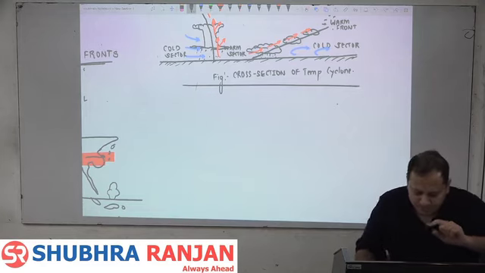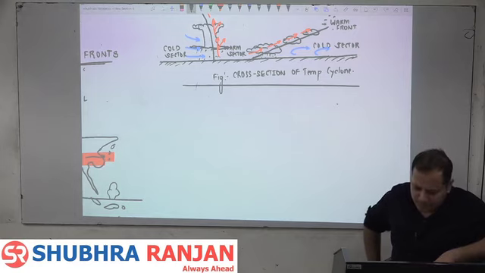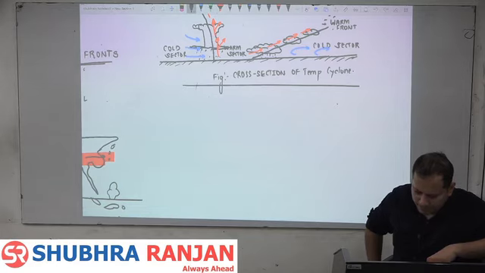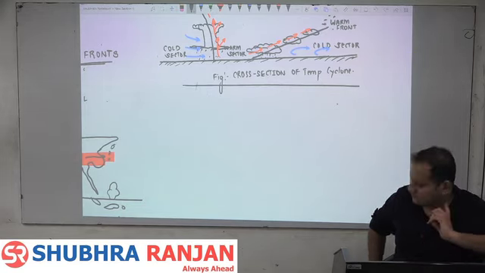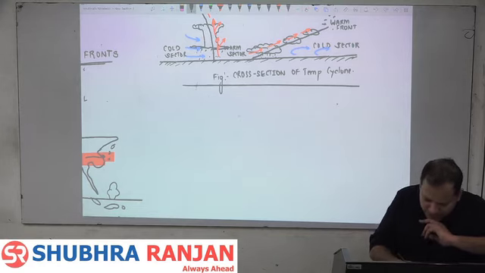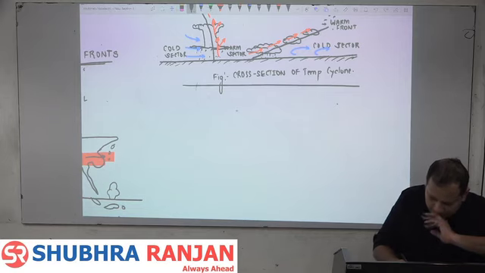Fine. So next point, cyclone tracks. So first Aleutian low, that is second. Northwest Atlantic, near North America.